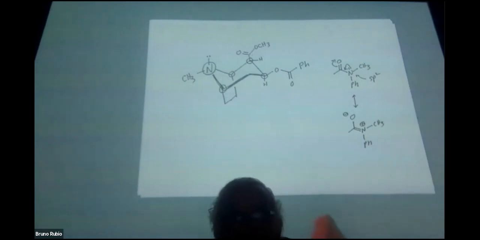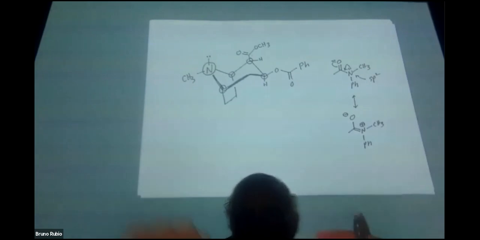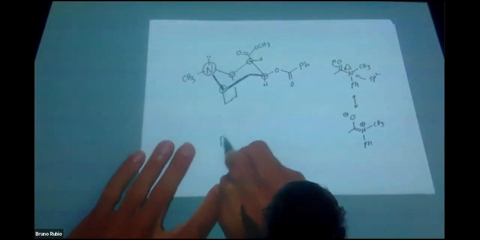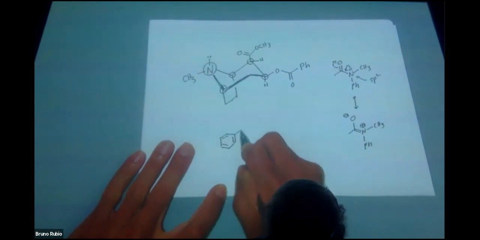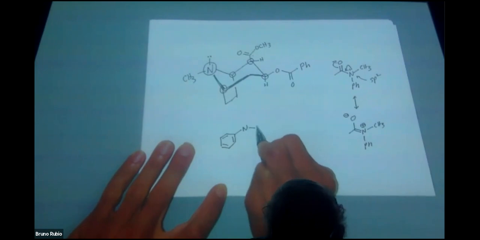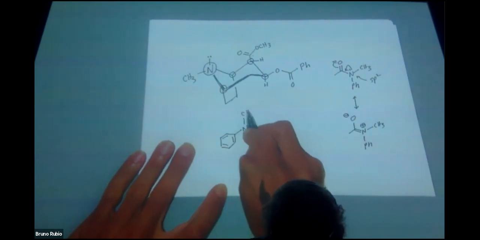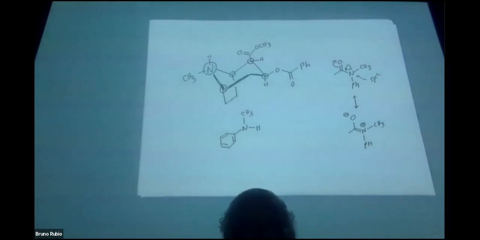We were talking about how resonance impacts hybridization. That nitrogen's not sp3 hybridized. It can't be a chirality center. Okay, so another example that would be very similar to that would be something like this. How many chirality centers there? Is that nitrogen a chirality center?